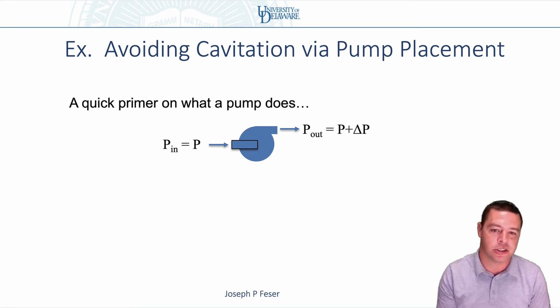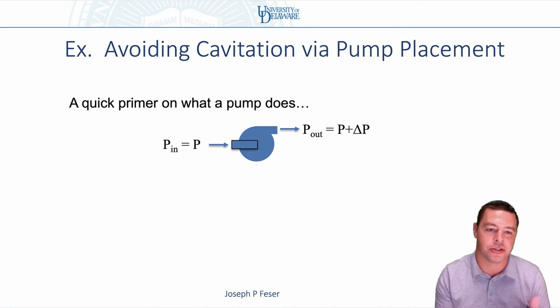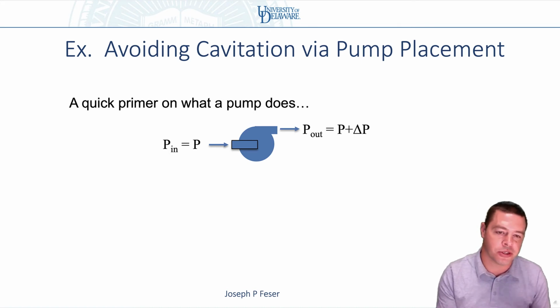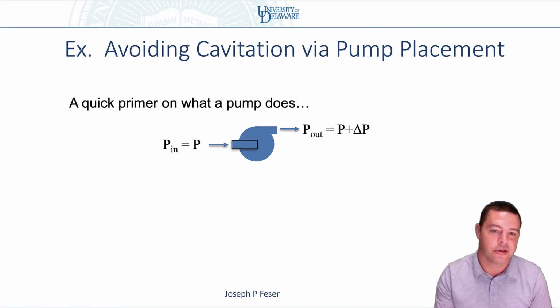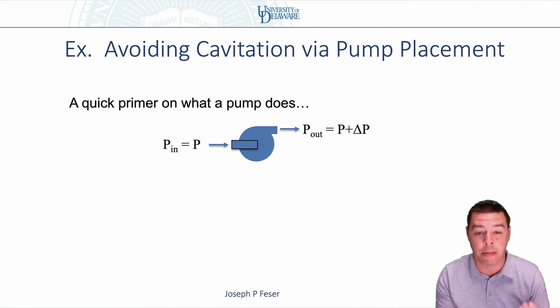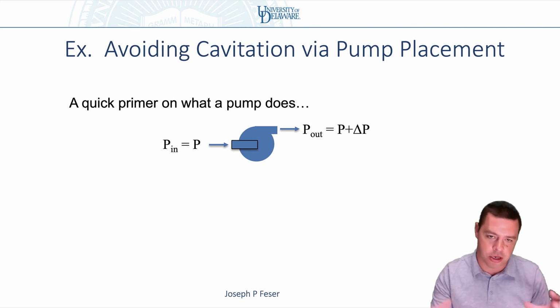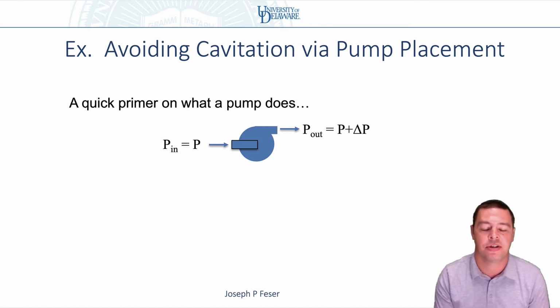It doesn't actually speed anything up. Conservation of mass says that the same amount of stuff goes in the inlet as comes out the outlet. So at least within the pump, nothing actually speeds up. The inlet velocities tend to be about the same as the outlet velocities.